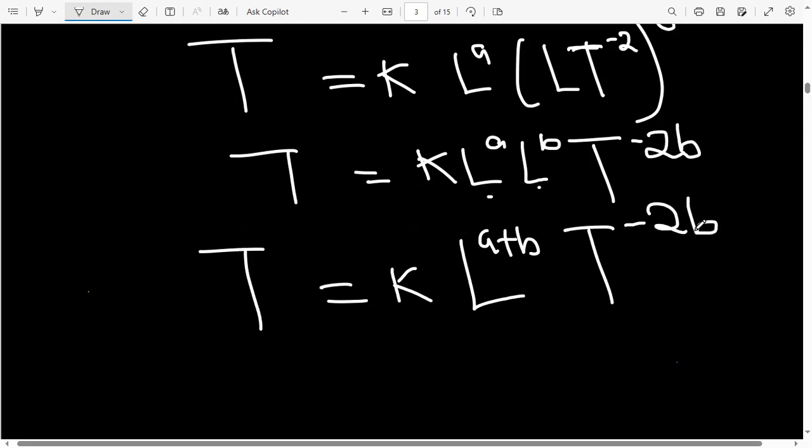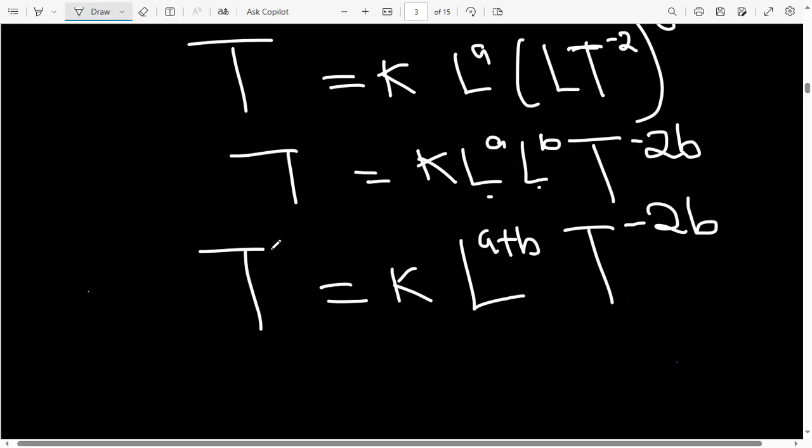Now when you reach here, you remember our goal is to find the value of a and b. So what are you going to do? You're going to look at your left-hand side and your right-hand side. On the left-hand side, we have a T only, but on the right-hand side, we have L and T. So what are we going to do?